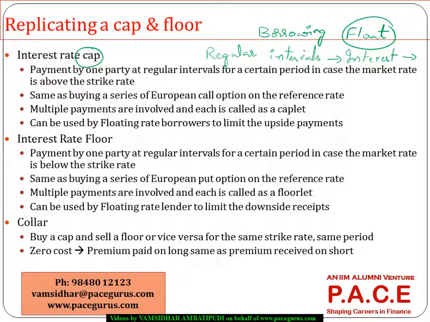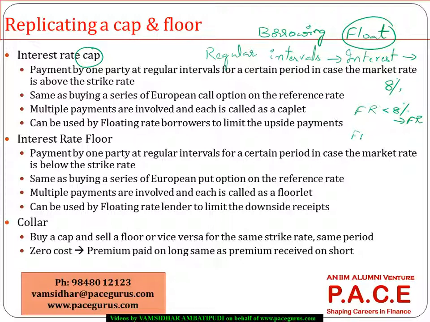Rather than that, if I take a cap, it's as good as saying, let's say I have set the cap at around 8%. It's as good as saying, if the floating rate is less than 8%, I'll still pay the floating rate itself.